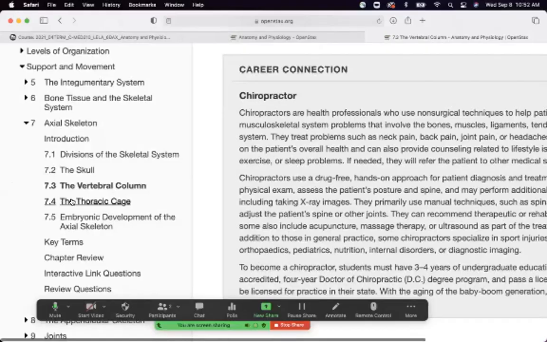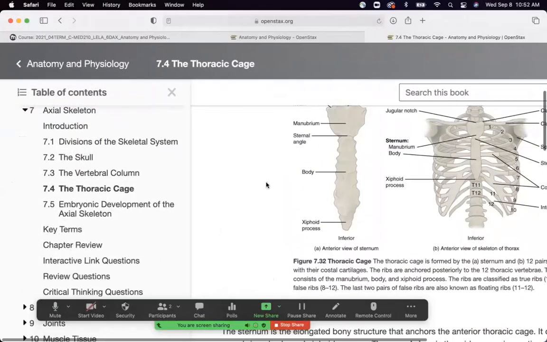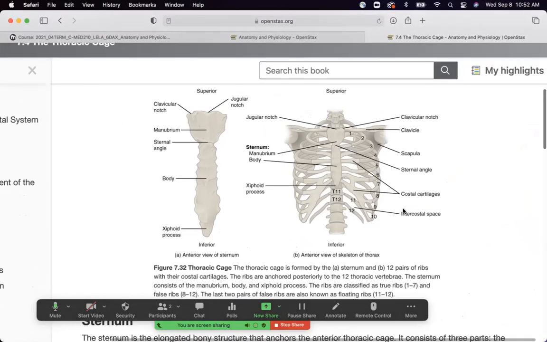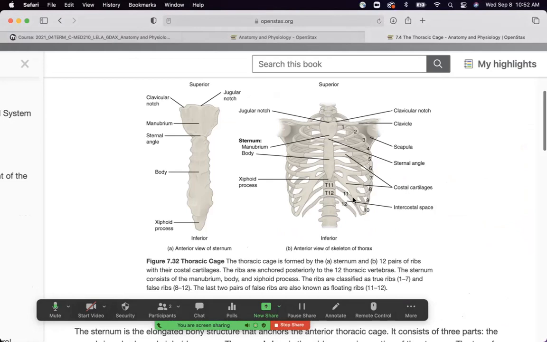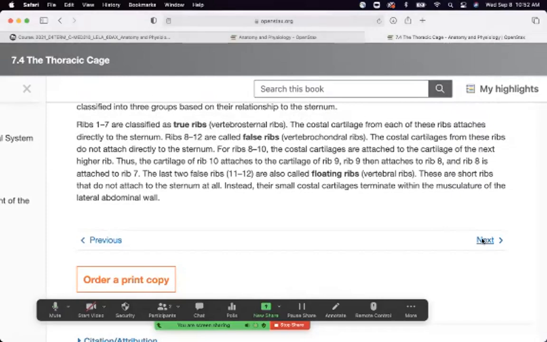Let's now look at your thoracic cage. We already went over the manubrium sterni. This is the body or corpus, and at the very end is your xiphoid process. And let's look at this. There are 12 thoracic vertebrae and 12 ribs. Are they going to show the ribs? Better picture?